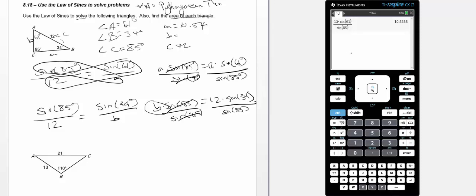So on my calculator, I'm going to make this a little bit quicker. I'm going to highlight the previous entry because it's pretty much the same. I still have a 12 on top and a sine 85 on bottom, but instead of sine 61, I have a sine of 34 to match my work. Hit enter. You get 6.73595, or maybe to the hundredths place, 6.74.